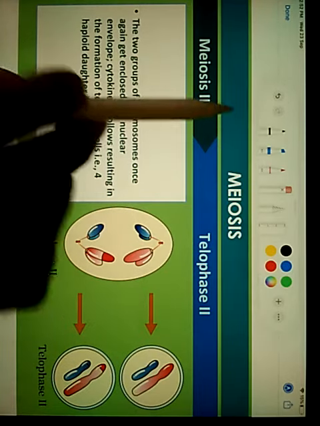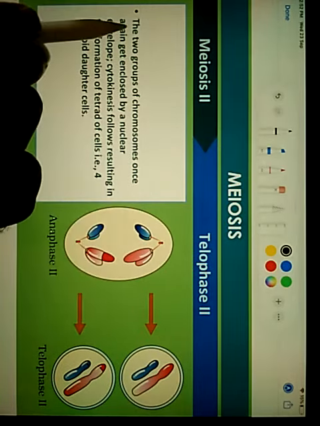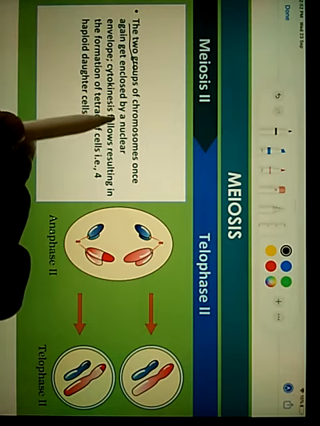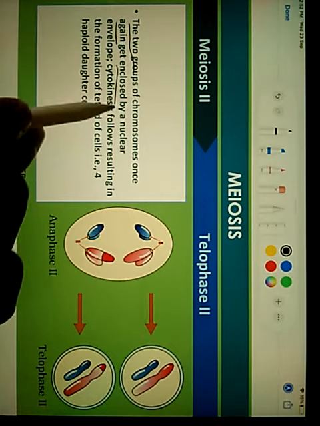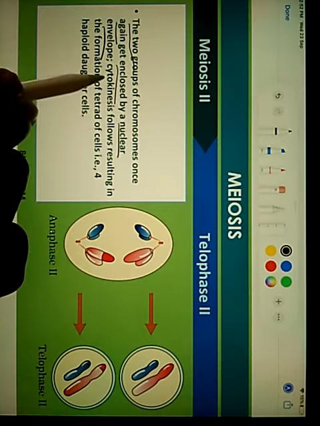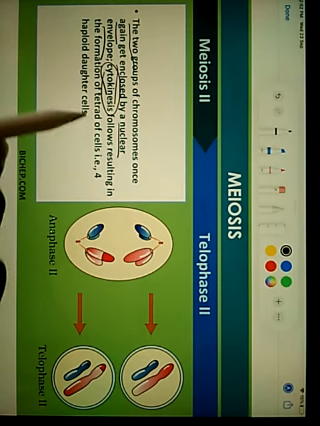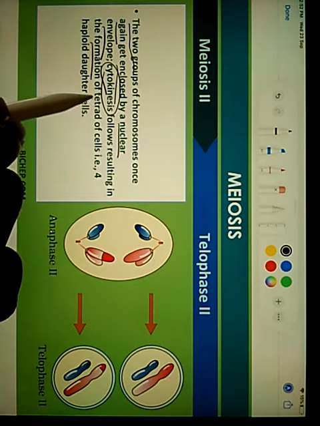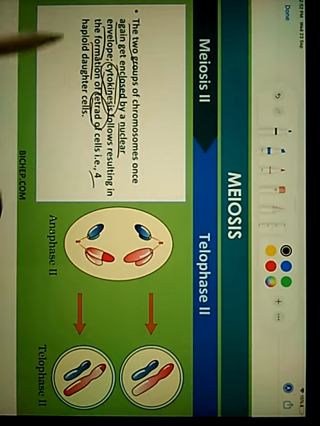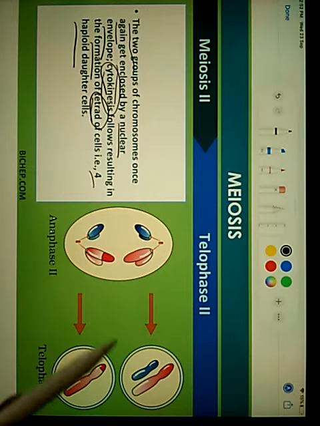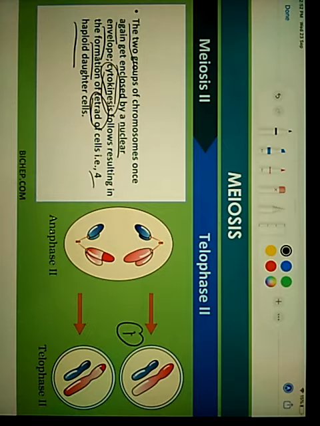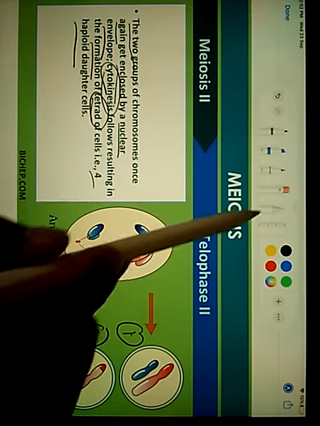So the change we observe there is that two groups of chromosomes once again get enclosed by the nuclear envelope, then comes cytokinesis, resulting in the formation of a tetrad of cells, four haploid daughter cells, two from each cell, so total 1, 2, 3 and 4 daughter nuclei will be formed.